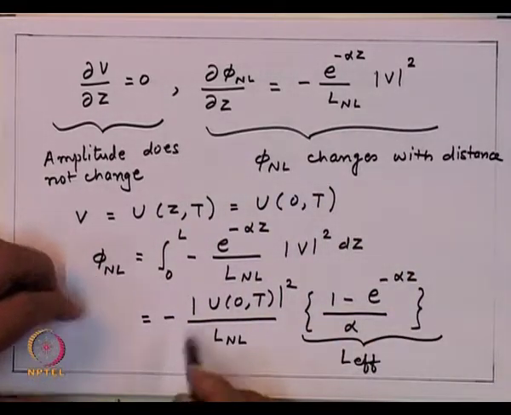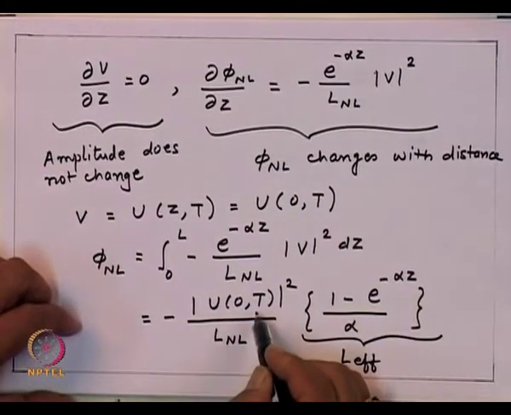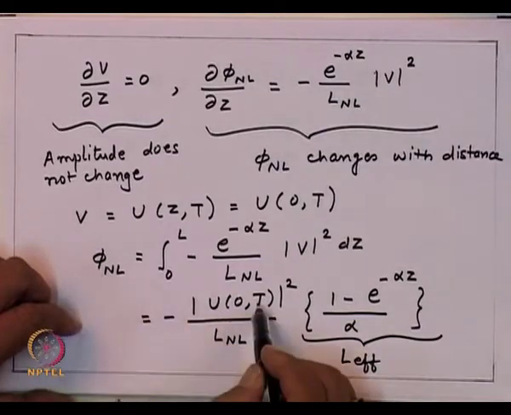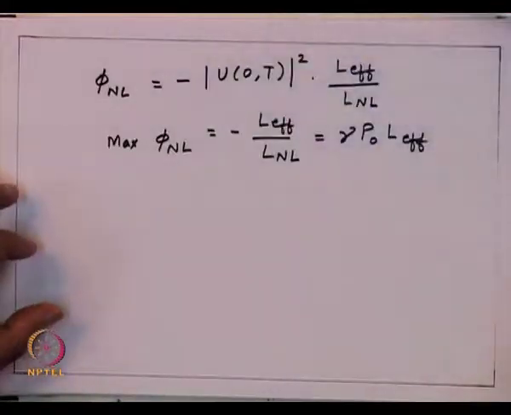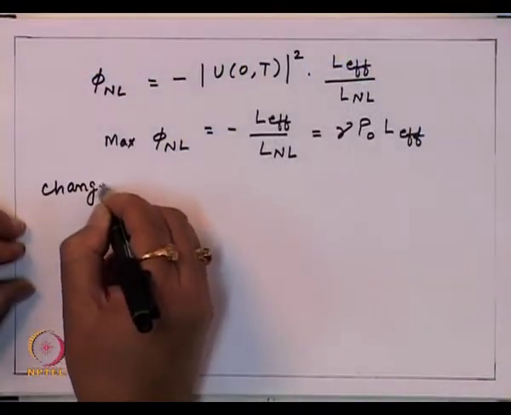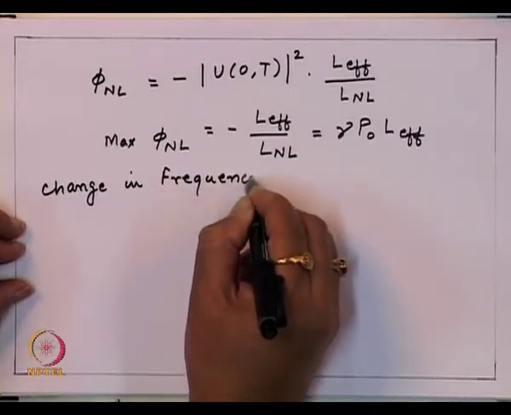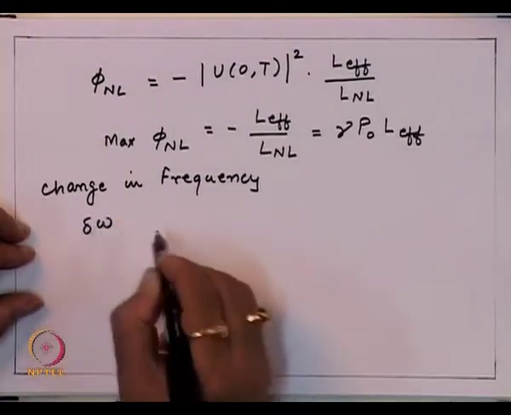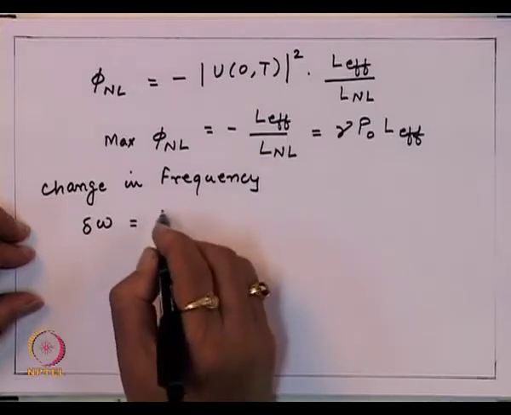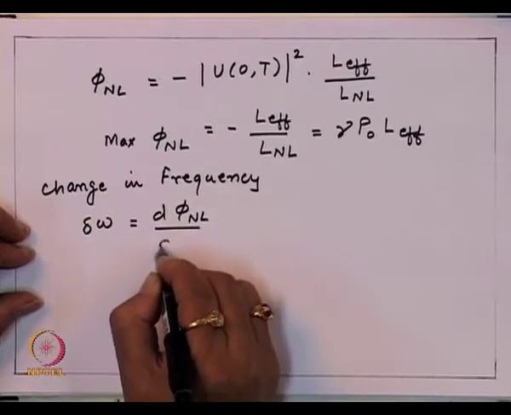So, even because of self phase modulation, there is a change in frequency which is a function of time, because this phase is a function of time. And this change in frequency delta omega is given as d phi NL by dt.